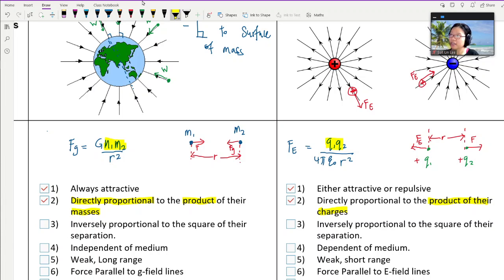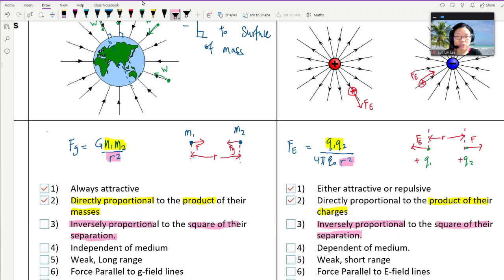The second similarity is that they are inversely proportional to the square of their separation. This is why r squared is down here, and here. Which makes sense, right? The further these two things are, the weaker their interaction.